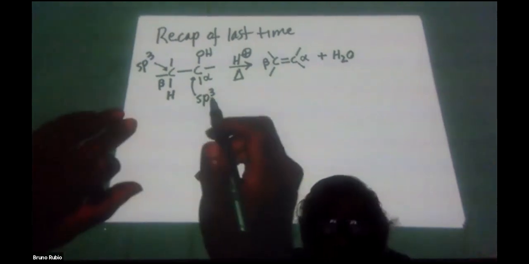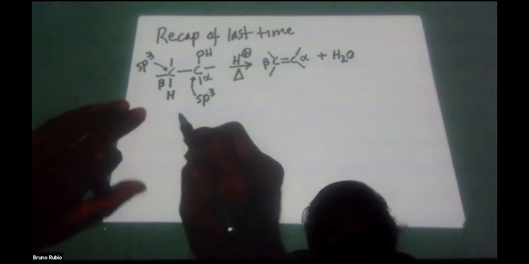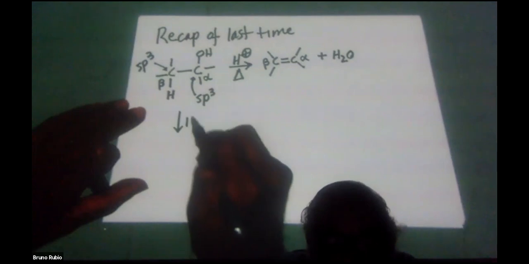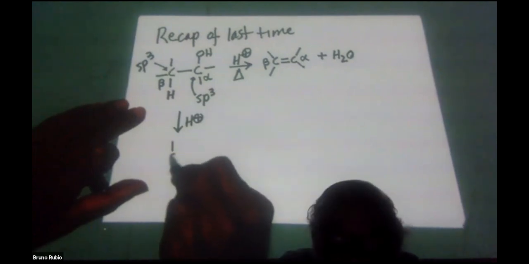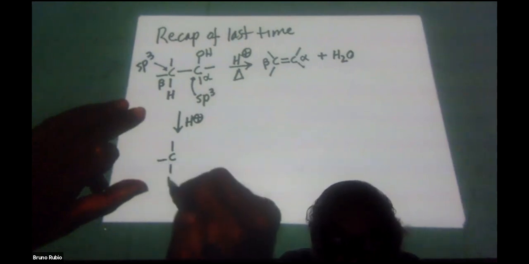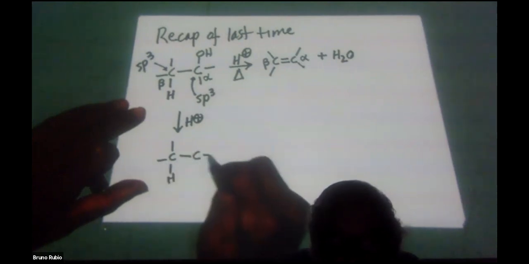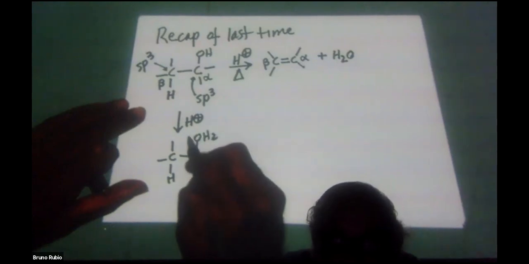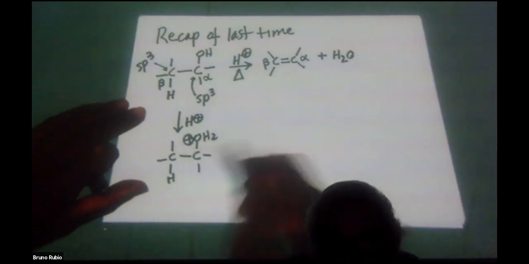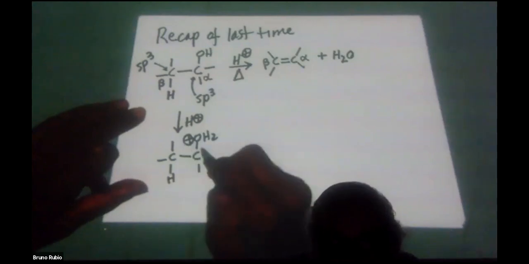Okay, and we talked about the mechanism of the reaction. The first step in the mechanism would be the protonation of the alcohol to form an oxonium ion. And then the oxonium ion leaves.